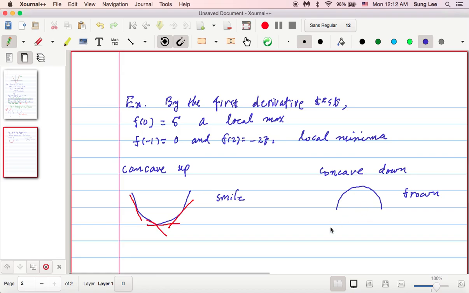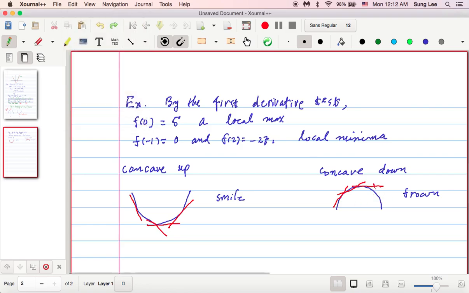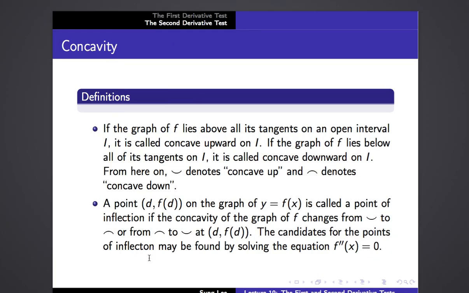So if you draw tangent lines, the graph of f lies below the tangent lines. Okay, so we see that the definition makes sense.